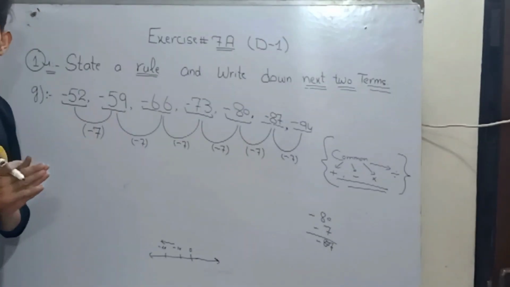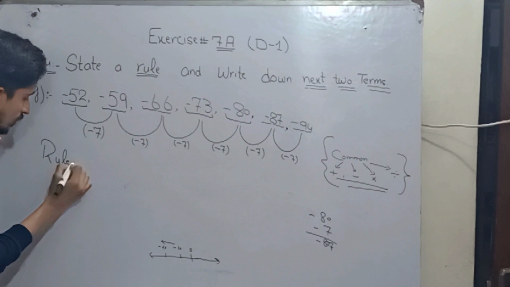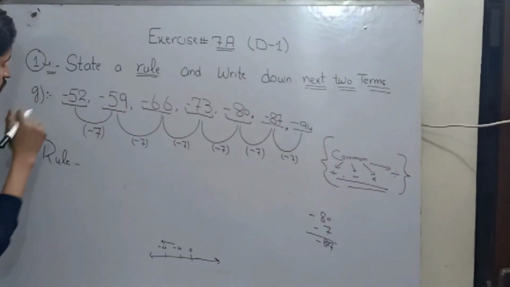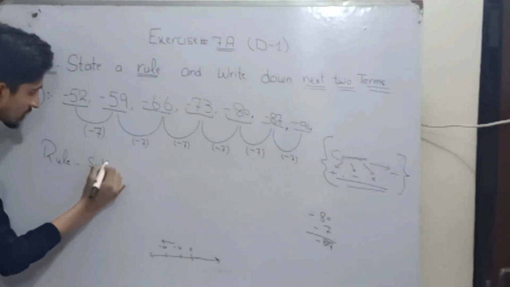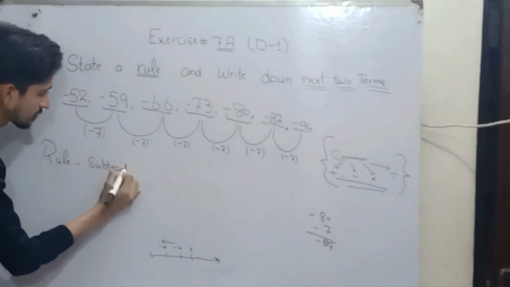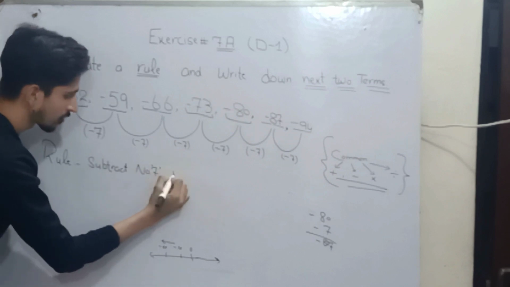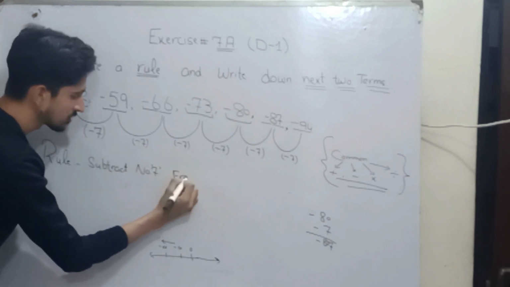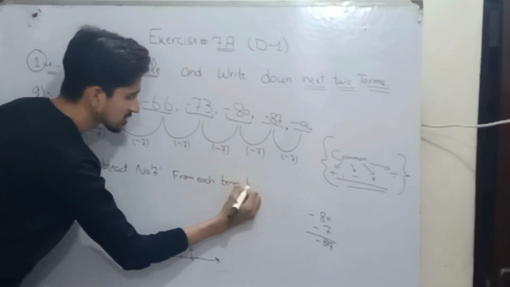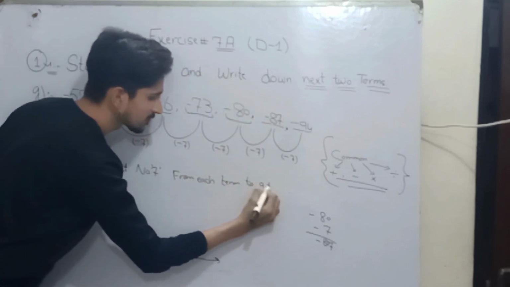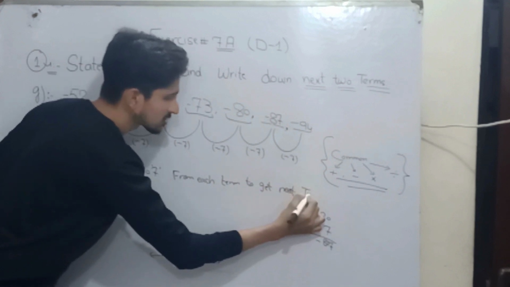So now we need to write down the rule over there. Our rule will be that we subtract 7 from each term to get the next term after that term.